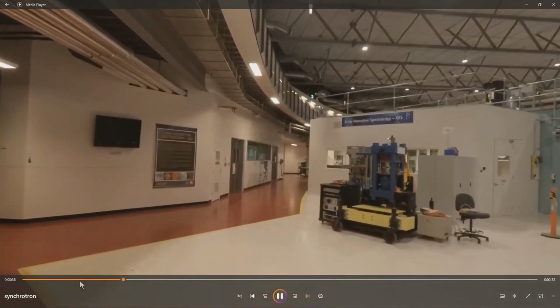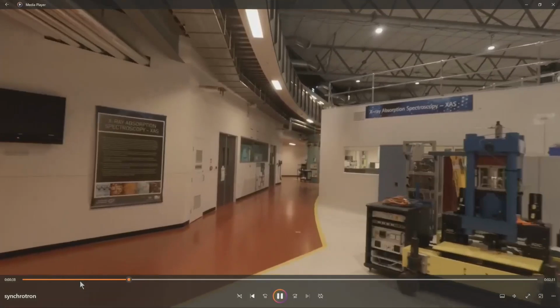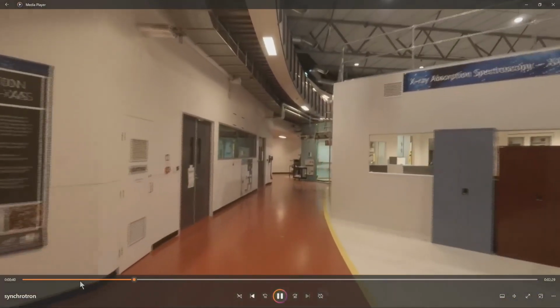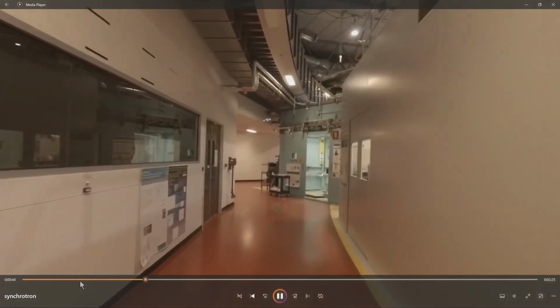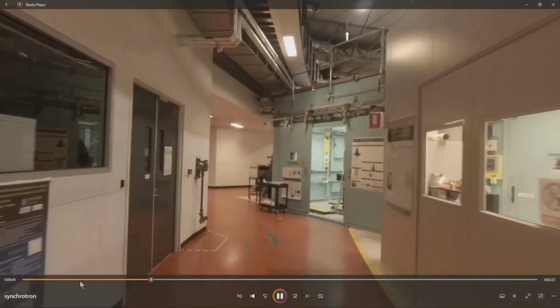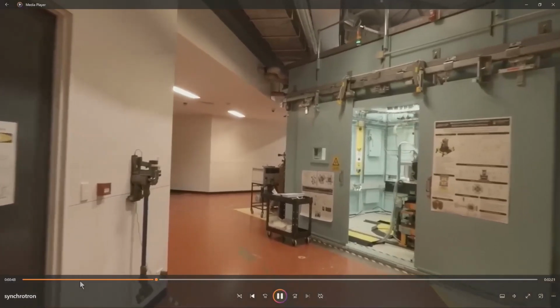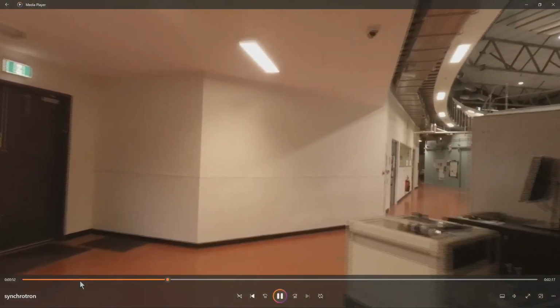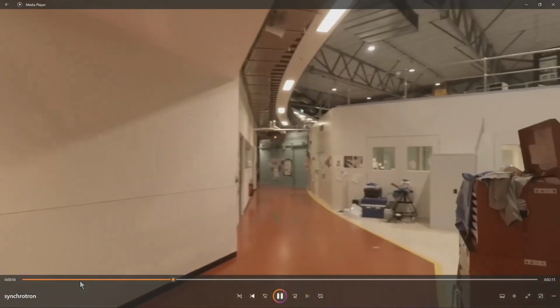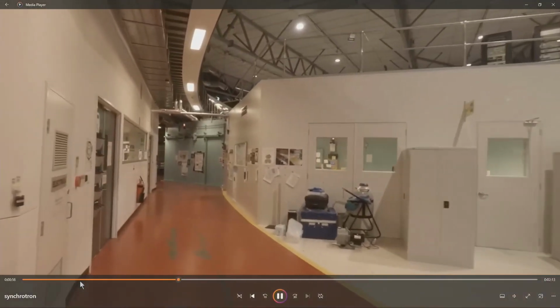You don't actually need a lot of protection from those. You only need leaded glass to protect you from them. So you'll actually see a lot of the experimental stuff sitting out in the open, because the level of X-rays that it produces can be stopped with leaded glass.